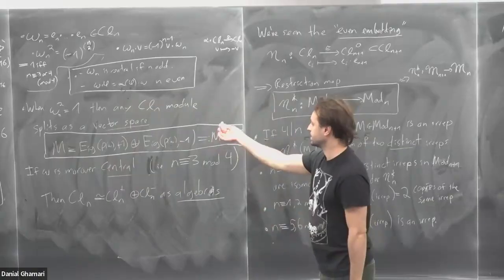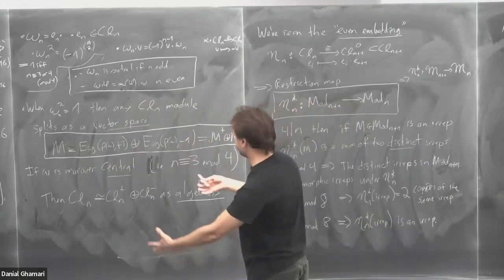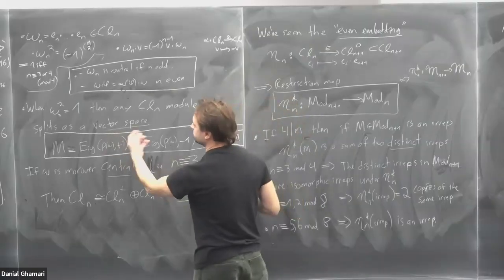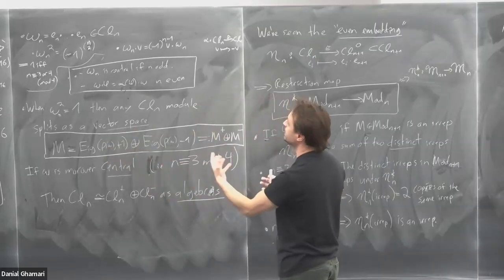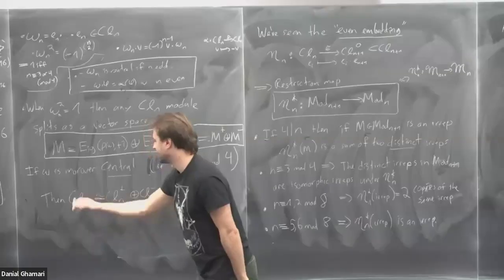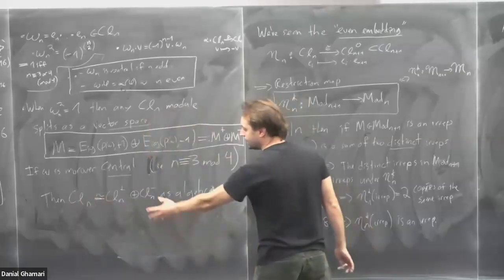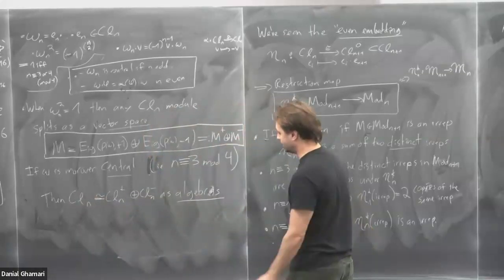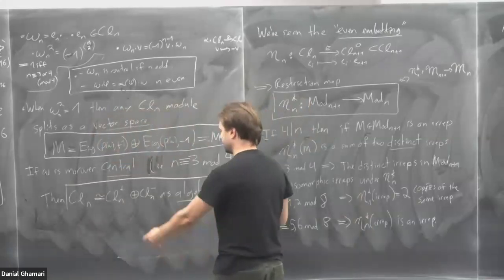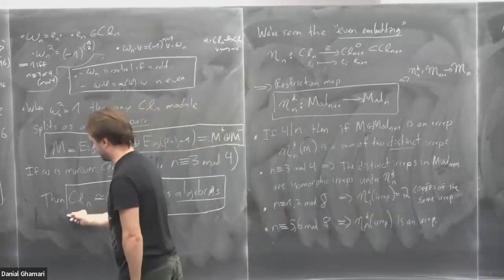So I usually write M plus and M minus. So for a Clifford algebra, in particular when omega is central, this becomes a decomposition of CLN modules. And if we take the canonical module, CLN considered as a module over itself, this gives us a decomposition of algebras. It's a direct sum of these two algebras, the +1 and -1 eigenspaces for omega.